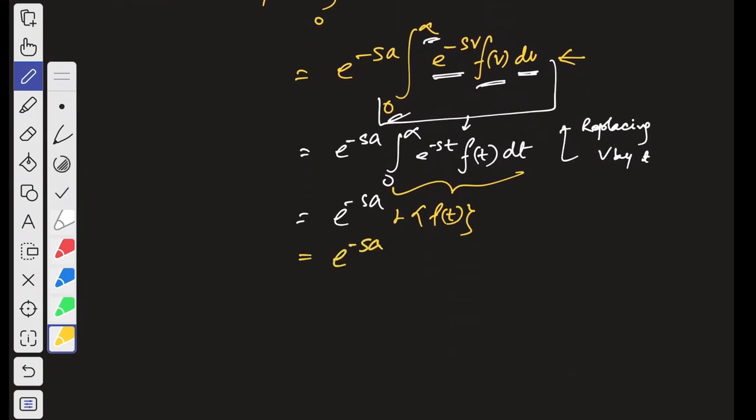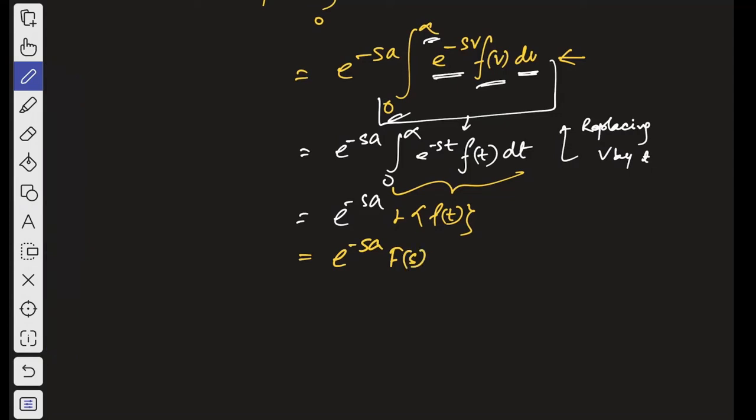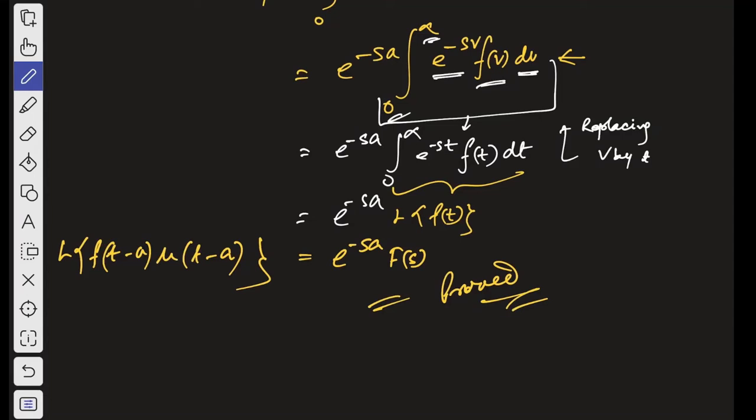So that's why it's going to be e to the power minus sa into capital F of s. So this is the Laplace transformation of f of t minus a into u of t minus a. That's how we can prove the second shifting theorem. So hope you have understood this.